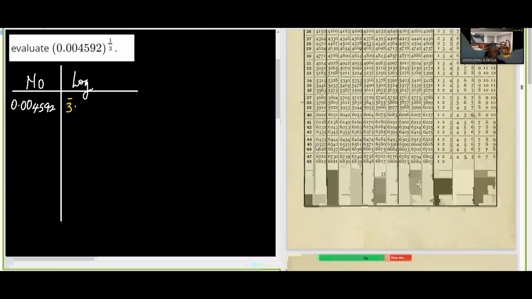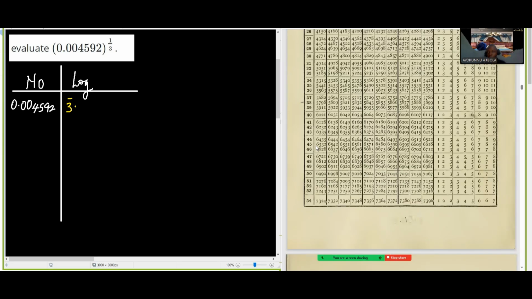So under 9, the last digit, we have 6618, and difference 2 is 2. So I bring it in: 6618 plus 2 will be 6620.